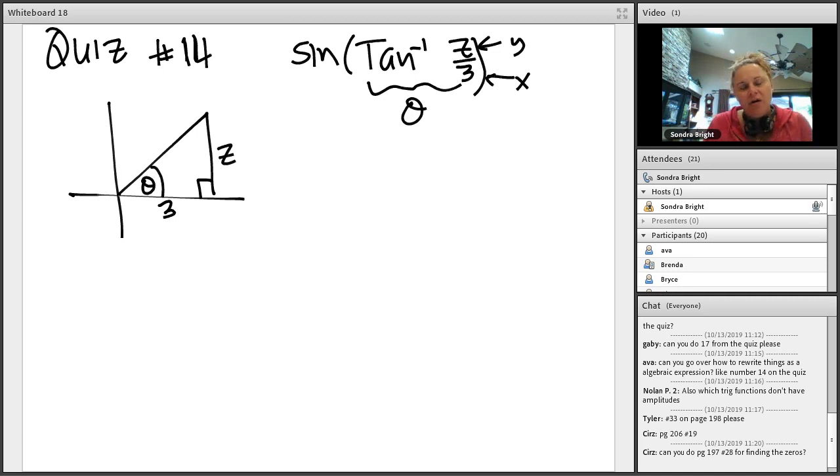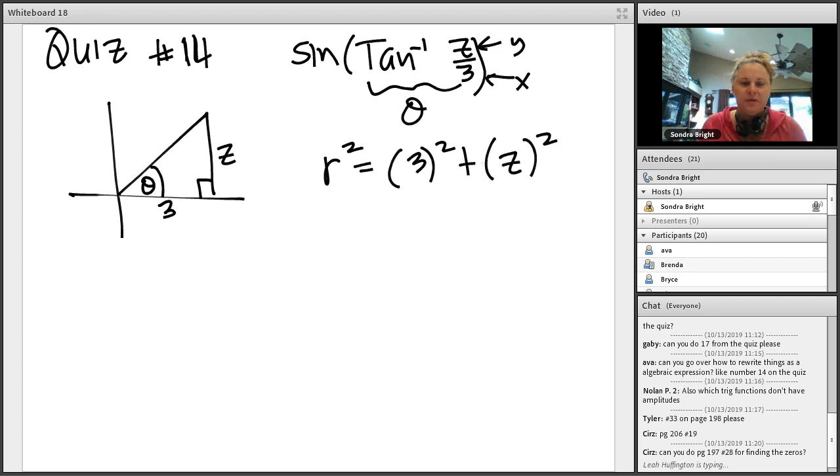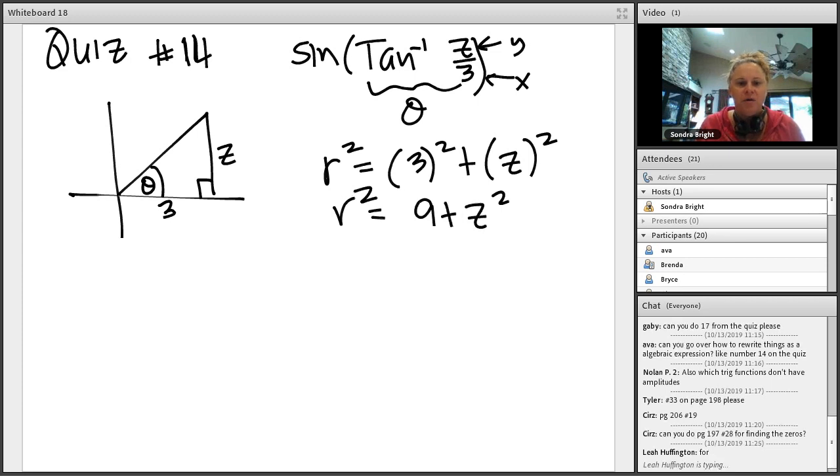And so to find r, or your hypotenuse, r squared is x squared plus y squared. So it ends up being 3 squared plus z squared. So r squared is equal to 9 plus z squared, where r is equal to plus or minus the square root of 9 plus z squared.